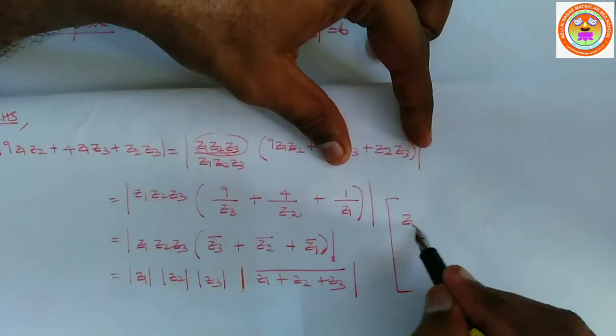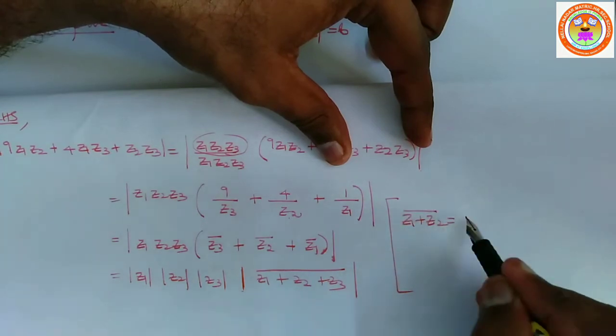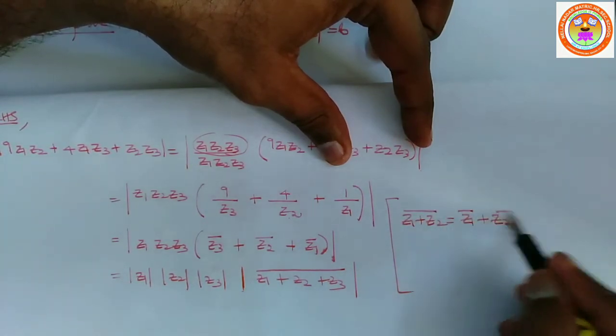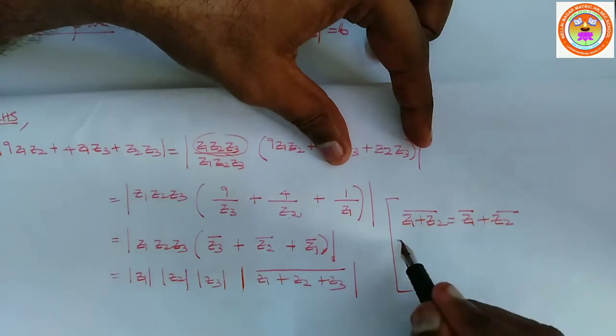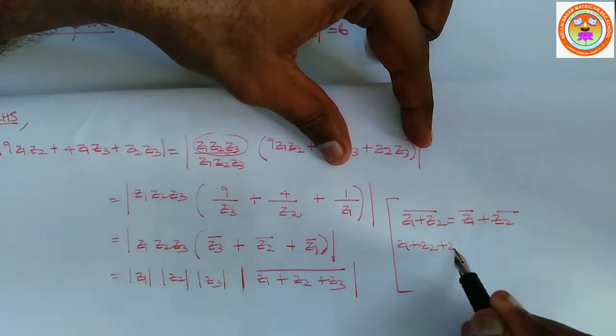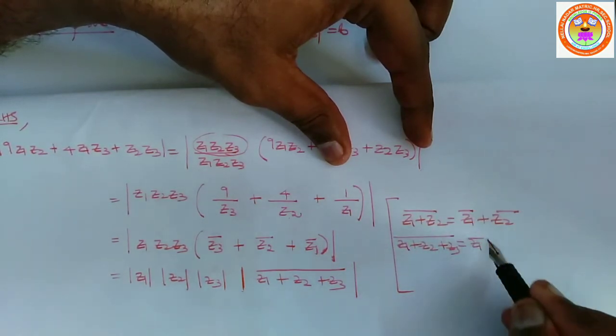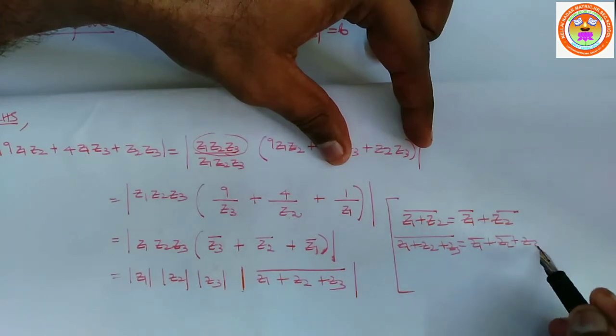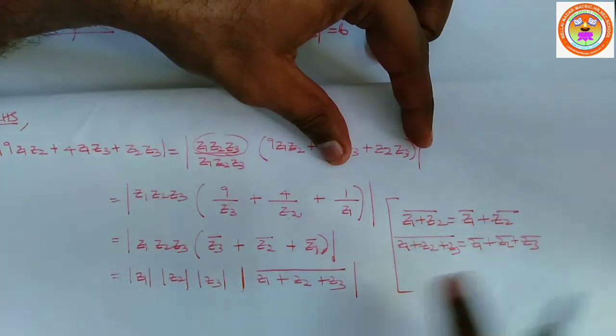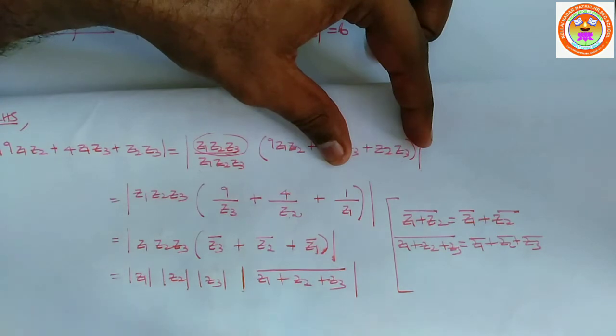What is the property? Z1 plus Z2 whole bar I can write as Z1 bar plus Z2 bar. Same, Z1 plus Z2 plus Z3 whole bar I can write as Z1 bar plus Z2 bar plus Z3 bar. Separate bars I can write as the whole bar.